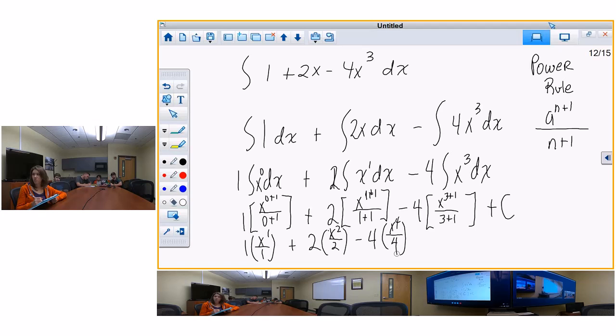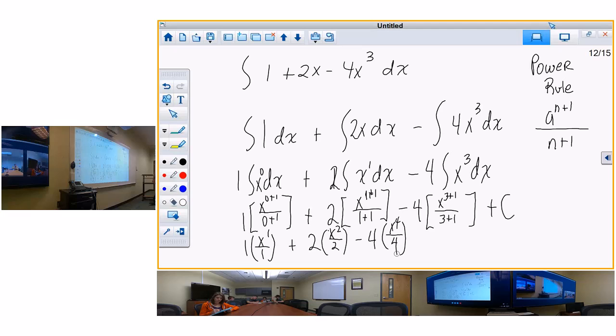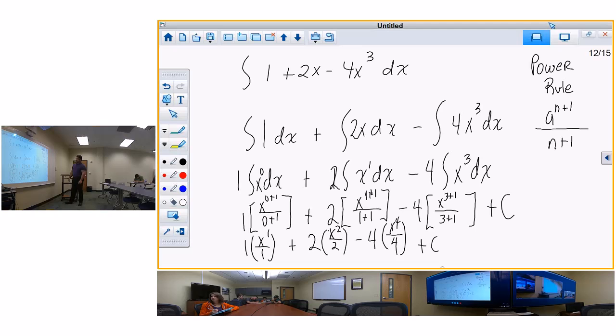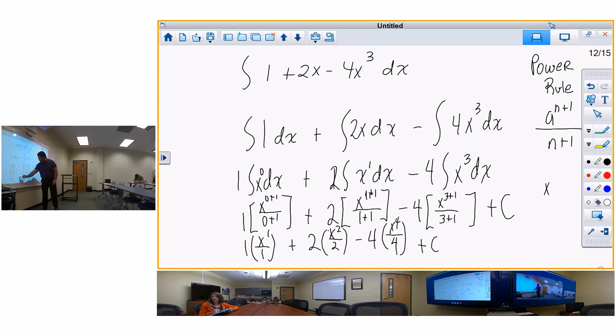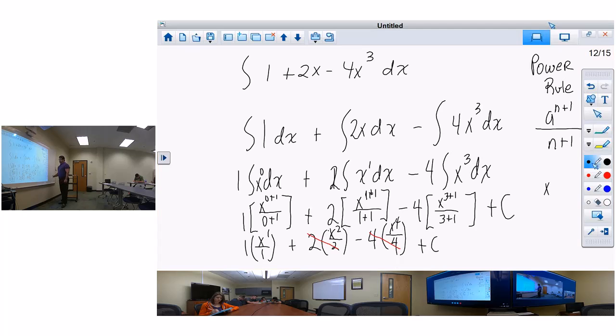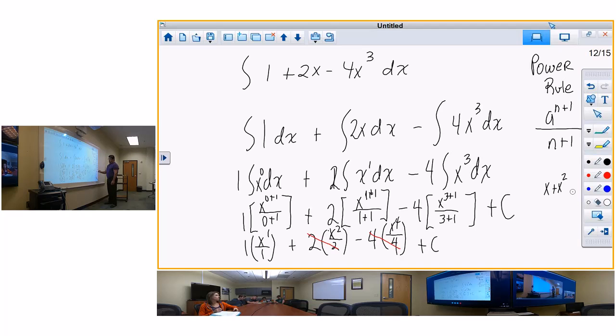And don't forget the C. So, what's x to the first over 1? X. What happens to these 2's right here? They cancel. And the 4's cancel. So you're left with plus x squared minus x to the 4th.